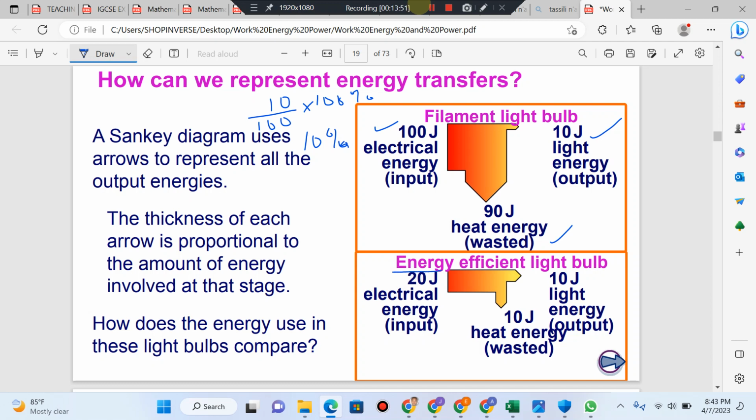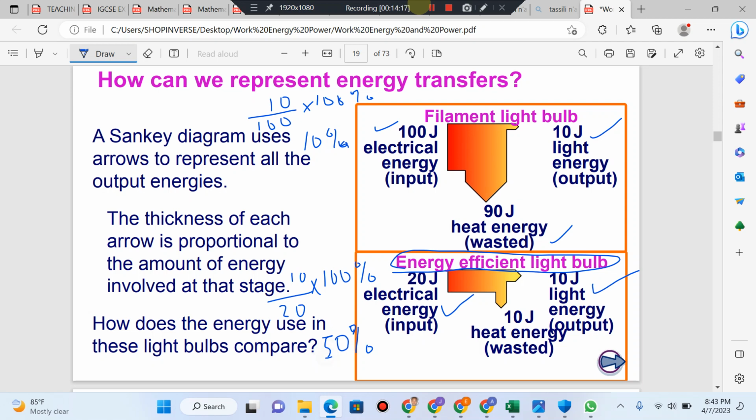And if you try to do it with the energy efficient light bulb, which is the second one here, the output energy, which is light energy, is 10 joules. The total input is 20 joules. So if you do 10 divided by 20 and you multiply it by 100%, you get the efficiency to be 50% efficient.